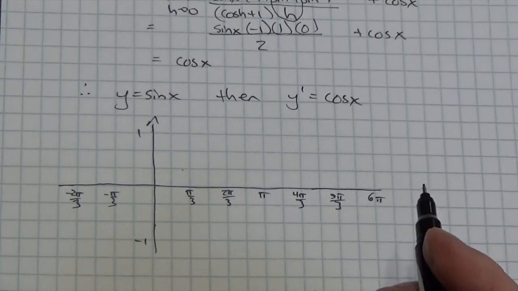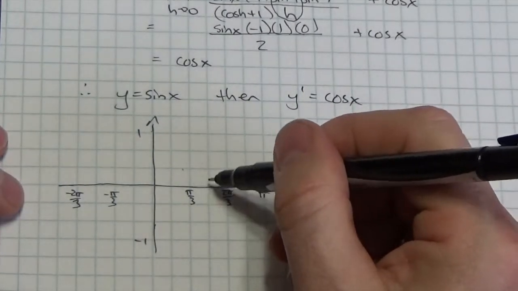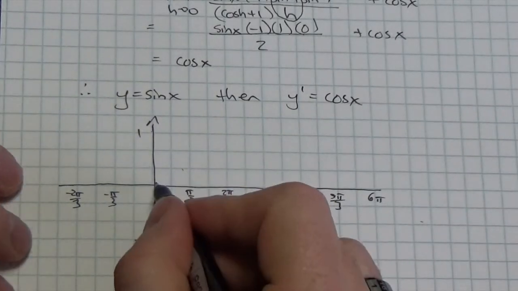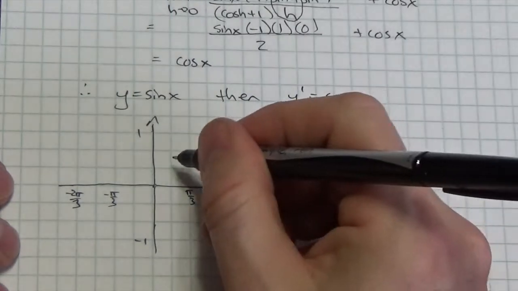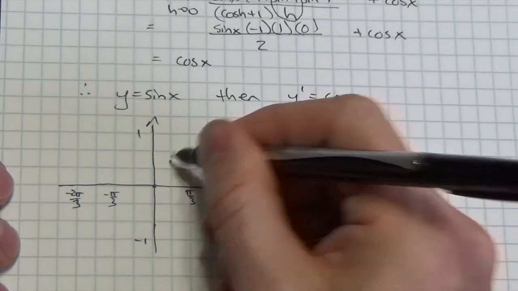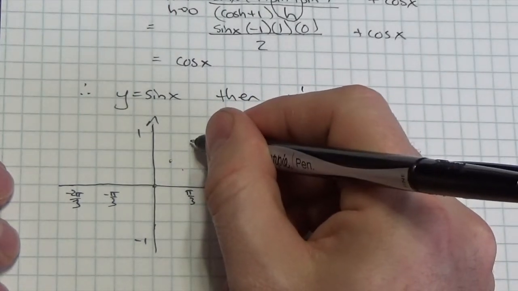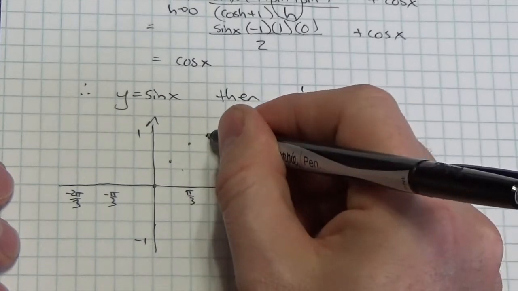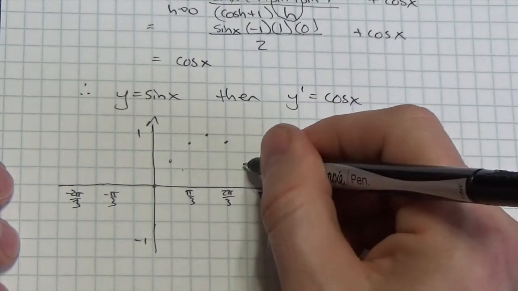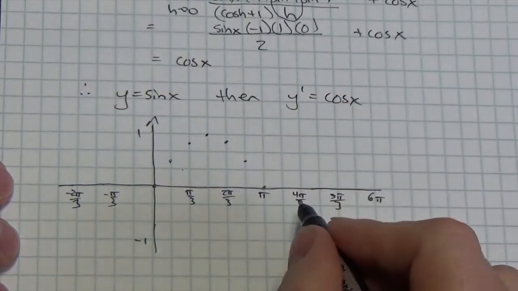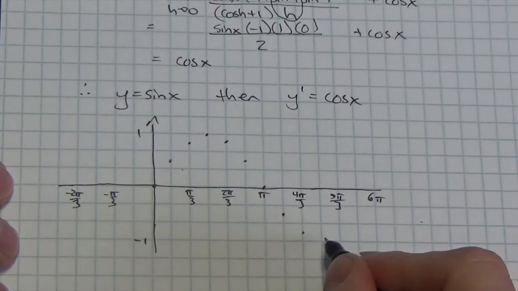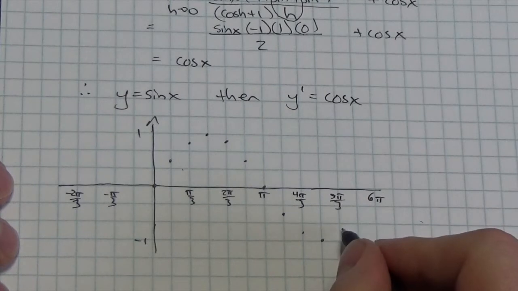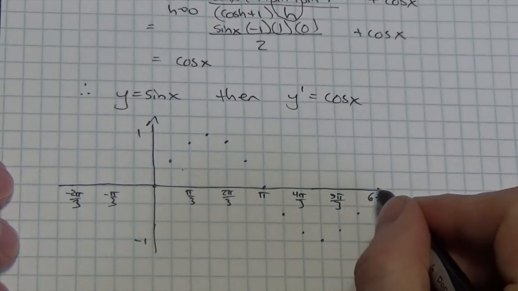Now, what that means is I've got my pi over 2 right here. So my sine graph when I plot it is going to go here, halfway, 0.86, so somewhere up here, down, halfway, 0, negative halfway, down, -1, halfway, and there.